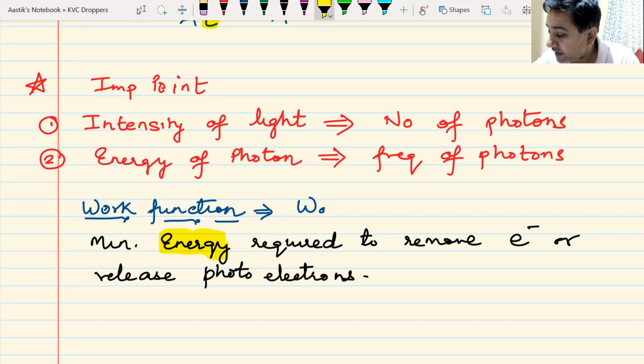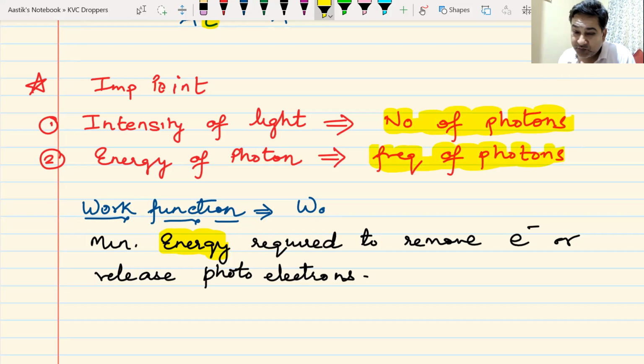I can change the number of photons, which relates to intensity of light, and I can change the frequency of photons, which relates to the energy of photon. What should I do to make electrons released from this metal surface? Should I change intensity of light or should I change the energy of photon?